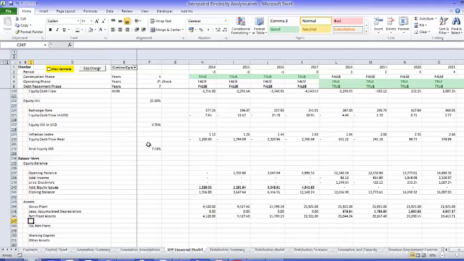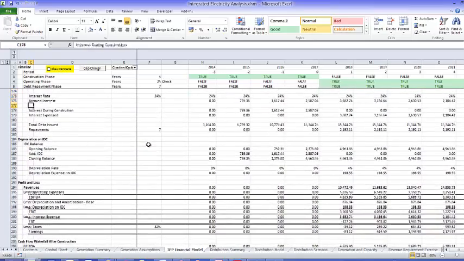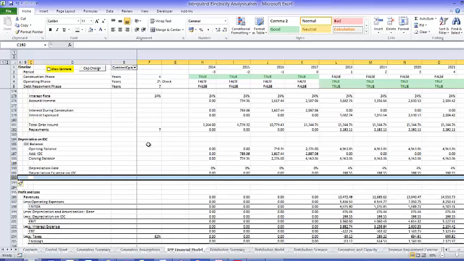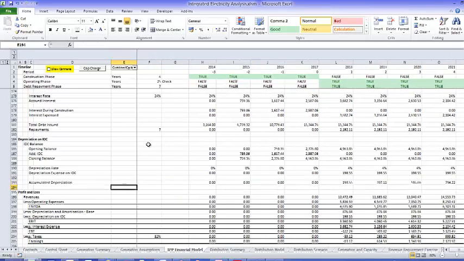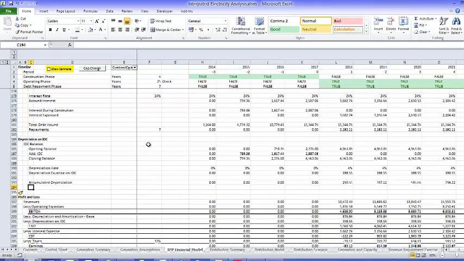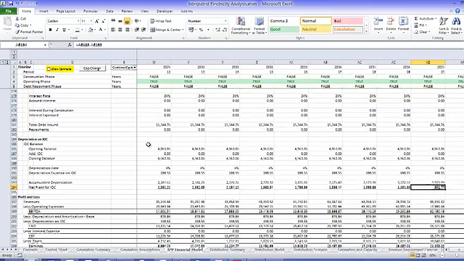So we put in our equity account. Now here's the big deal. I suppose this is a good way to explain this. Every single balance sheet account should have already been accounted for. So I'm going to first compute the accumulated depreciation as last year's depreciation plus depreciation this year, and then we can put net plant for IDC, which is just the total closing balance minus the accumulated depreciation, and that goes to 0.